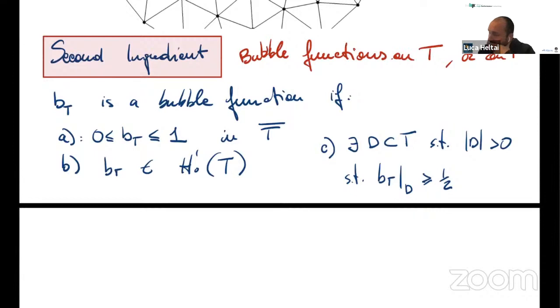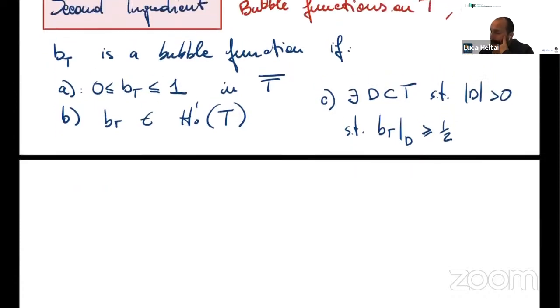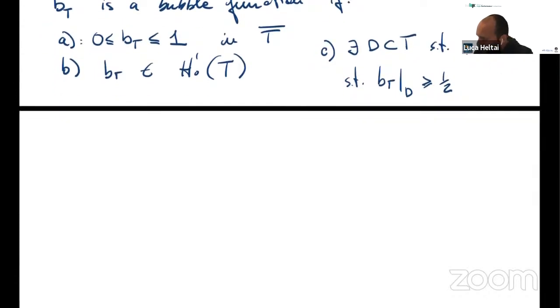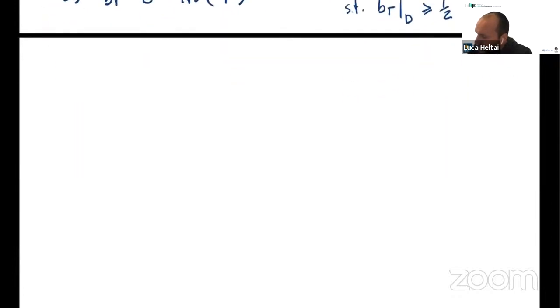Okay, and I can construct such bubble functions very easily, and I can show you exactly how. The pictures that I showed you at the beginning were exactly an example of such a bubble function. One way to construct this, for dimension D equal to 1, is to consider quadratic functions on the interval, and to consider the basis function associated to the support point which is in the center.